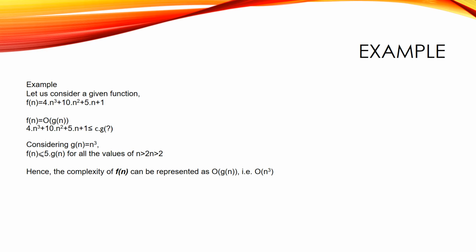Last but not the least, for selecting the value for the constant, we have to validate the equation, that is Fn is less than equals to C dot Gn. So the value of C is chosen accordingly. Hence, the complexity of Fn is represented as order of Gn, that is order of n cube.